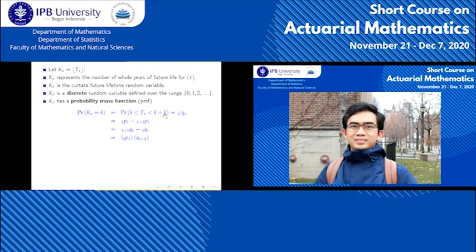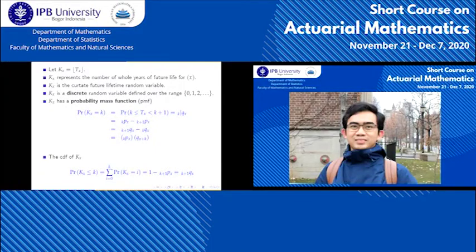In actuarial notation, this is k bar qx. From the properties of k bar qx, we can use any one of three formulas: k px minus k plus 1 px, or k plus 1 qx minus k qx, or k px times qx plus k.